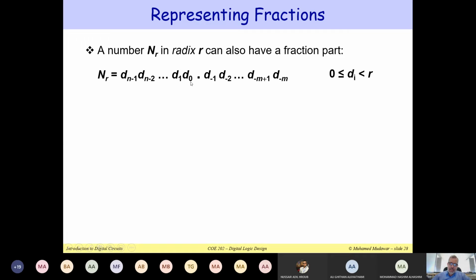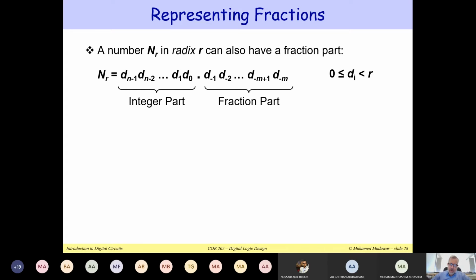Whereas in the integer part, we start from 0, 1 up to n minus 1 when we have n digits. In the fraction, we start with negative 1, negative 2. This indicates the position of the digit in the fraction, and we can use this to specify the weight.